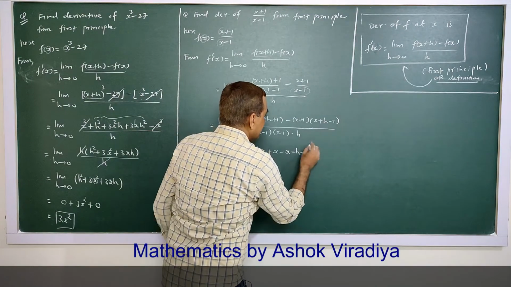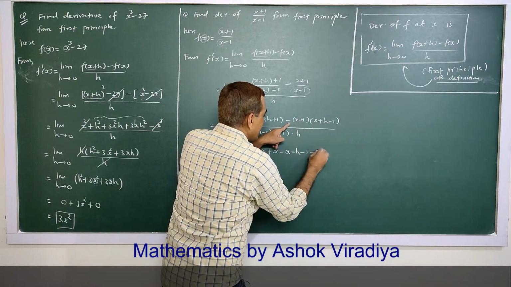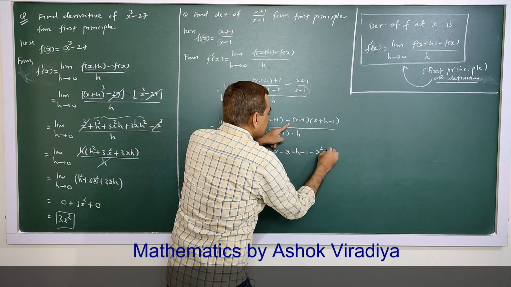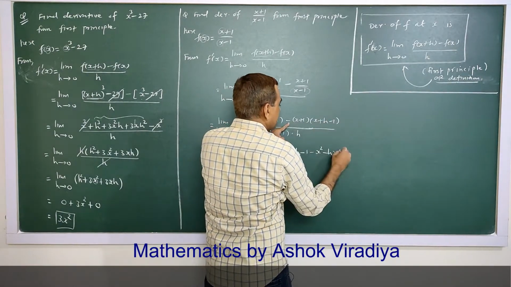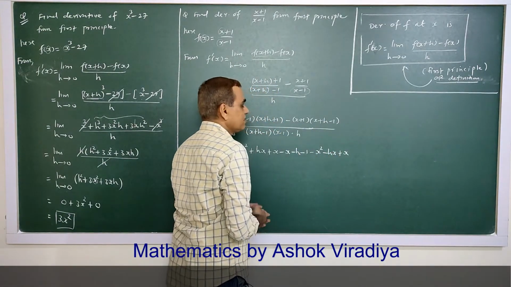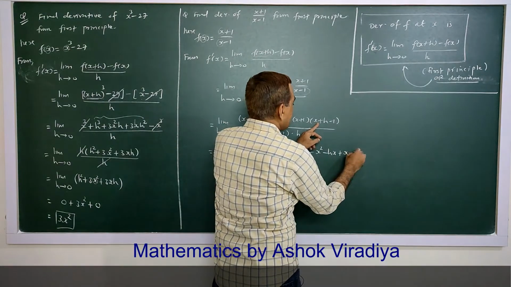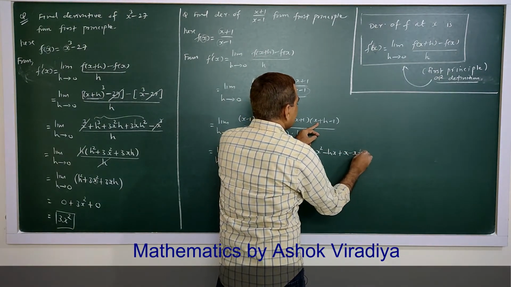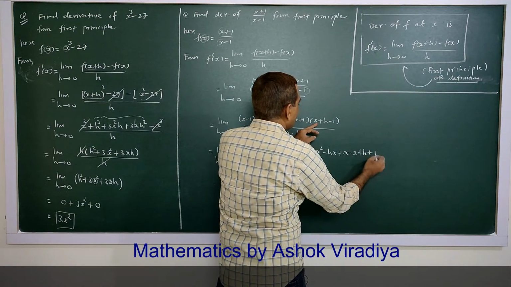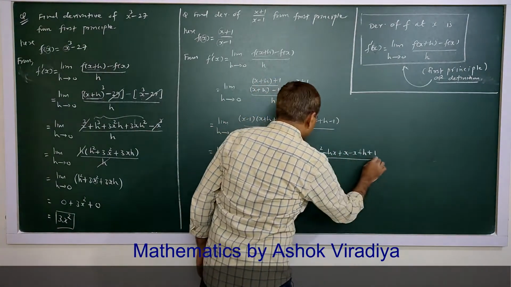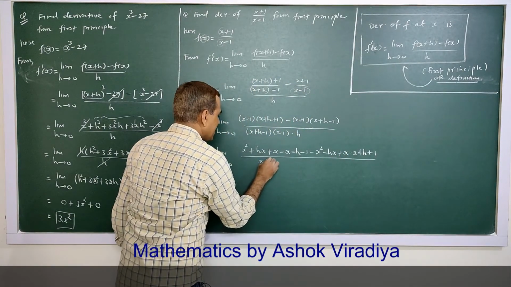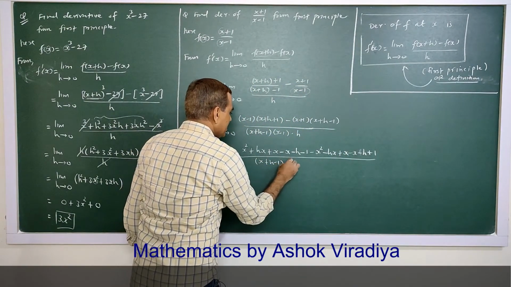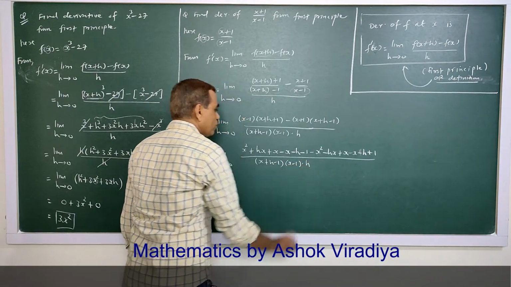Expanding here, minus x square minus hx plus x, then 1 into x minus h plus 1, upon x plus h minus 1, x minus 1 into h.